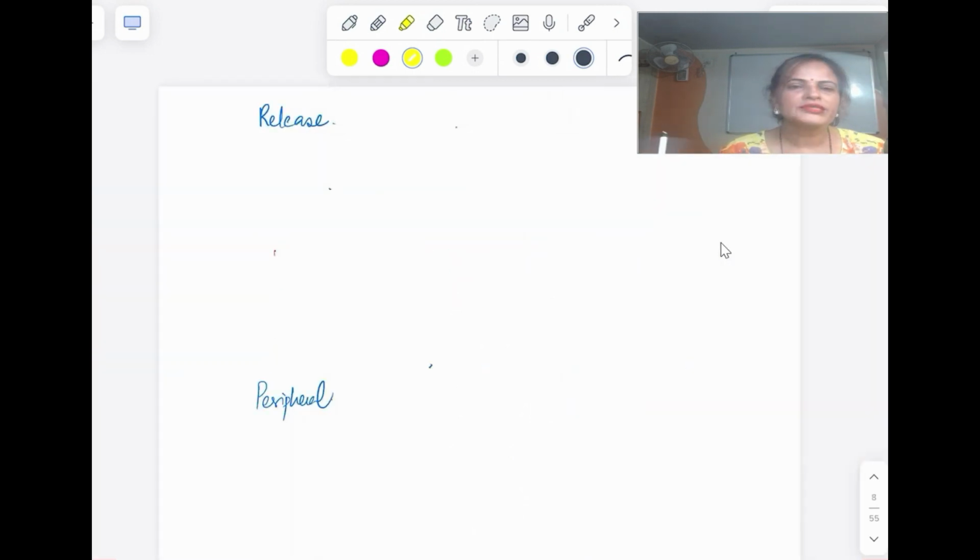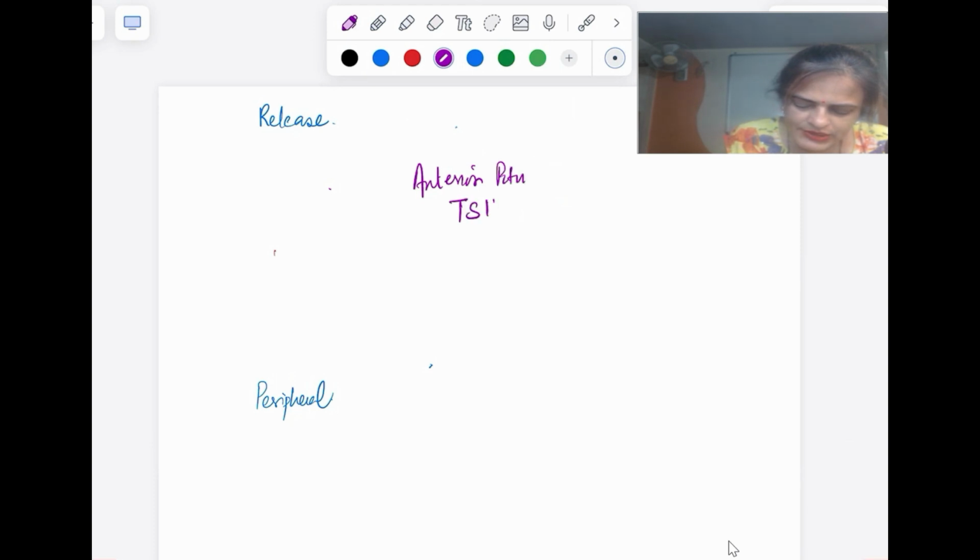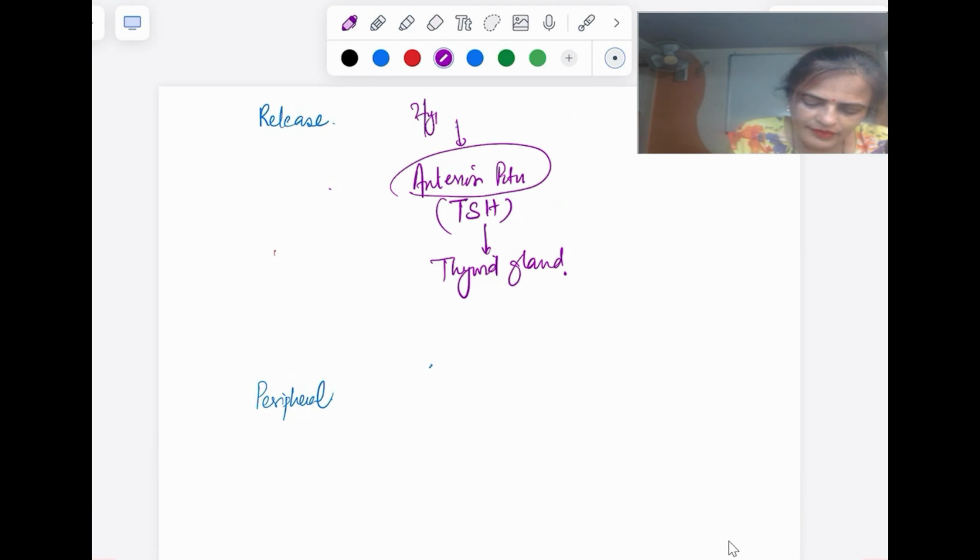So storage हो गया आपका, and then there is a release. So how is it released? ये सारा process कैसे होता है? So how are this T3 and T4 released? So there is a 3-tiered system, that is from the anterior pituitary thyroid stimulating hormone, this comes and this is going to act on the thyroid gland, and this anterior pituitary itself gets stimulated from the hypothalamus.